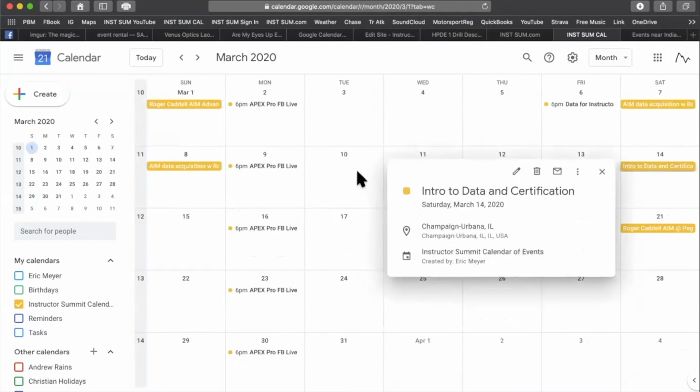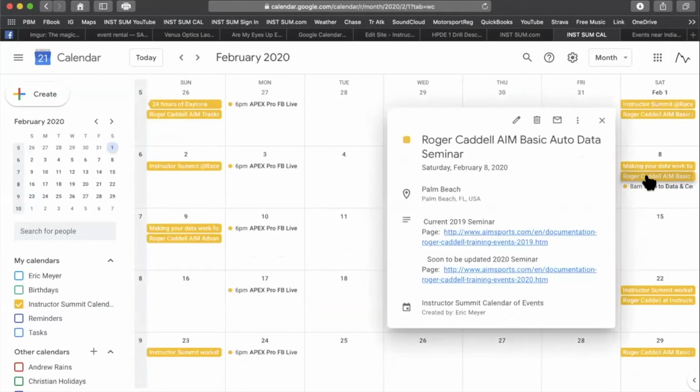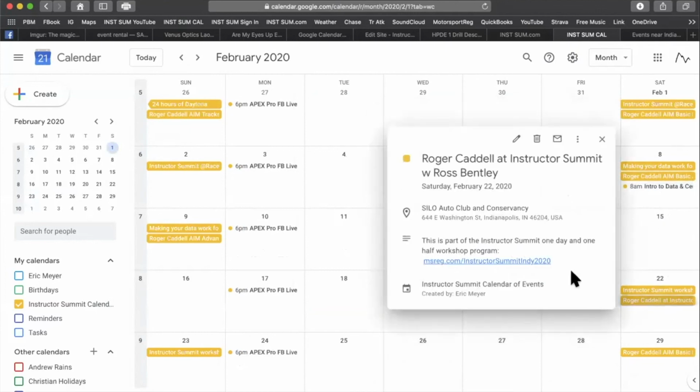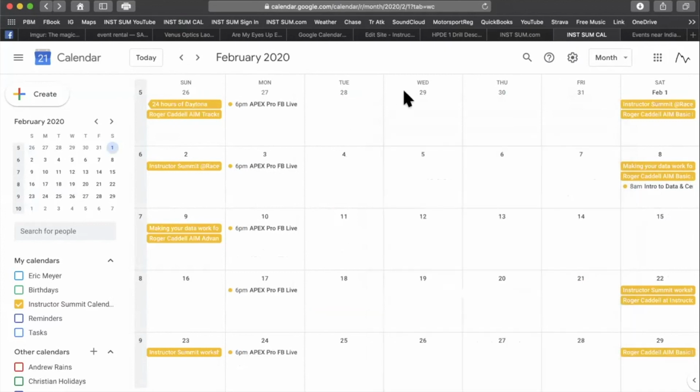Introduction to data in Central Illinois. Here is Roger over here in Palm Beach, Florida. Here is Roger over here with Ross Bentley, our event, where Roger will be there as well. A lot of big hitters. So there's a larger event and a lot of Roger events. There's one in Dawsonville, Georgia. So check that out. I'll put a link in the bottom.